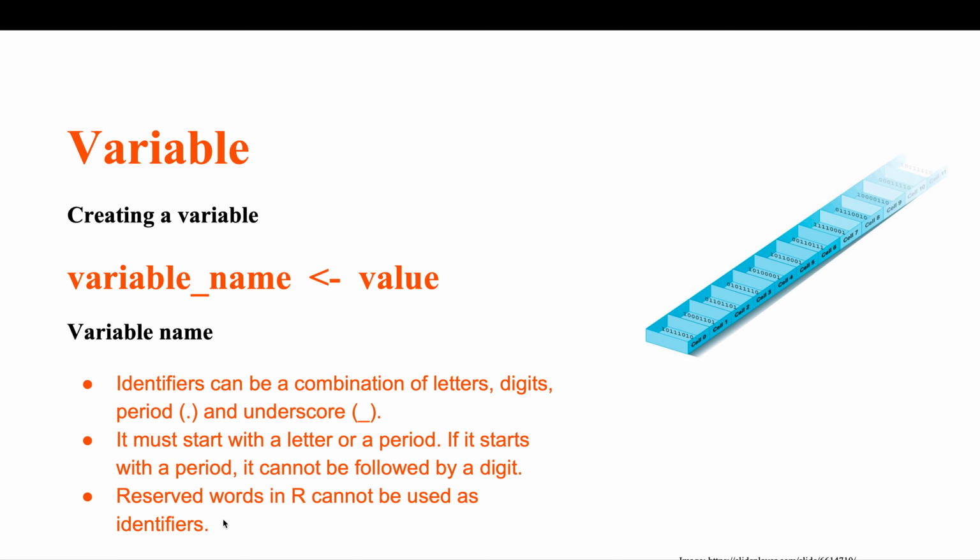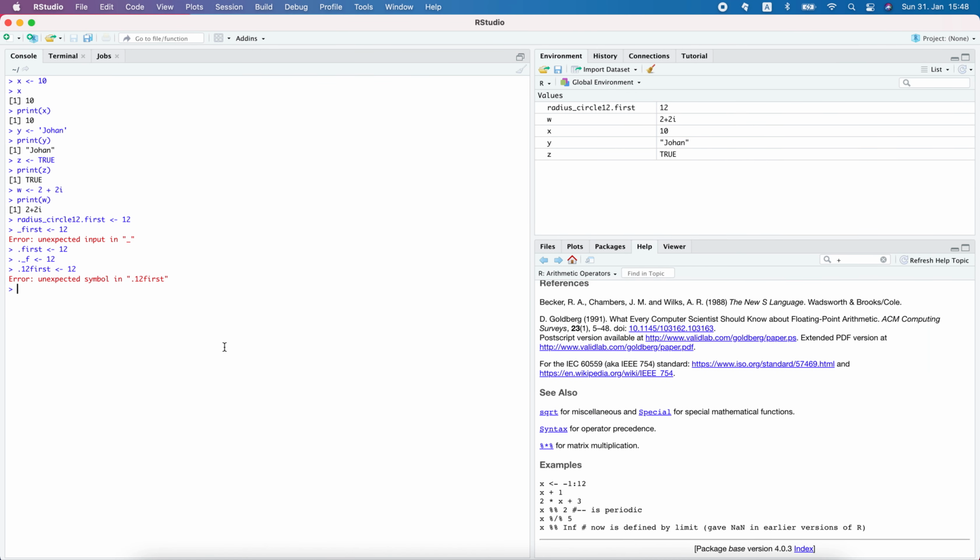And now, what's the meaning of reserved words in R cannot be used as identifiers? So in R there are some words which are reserved. For instance, as we have seen previously, there are values like true and false.